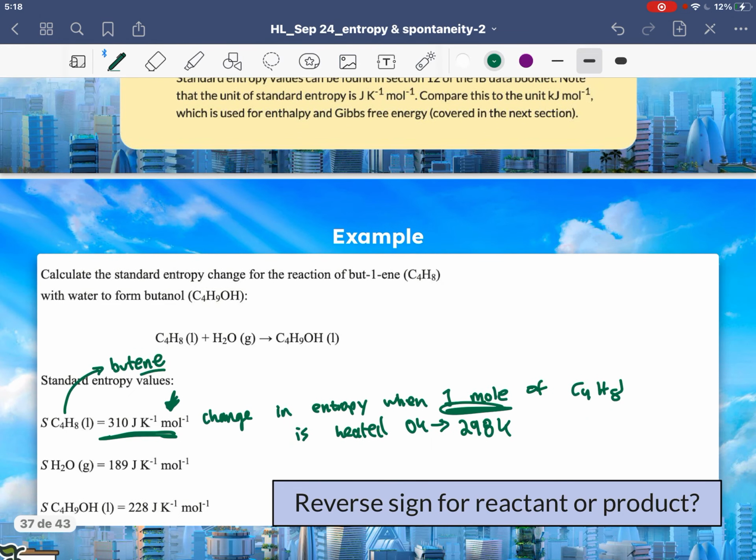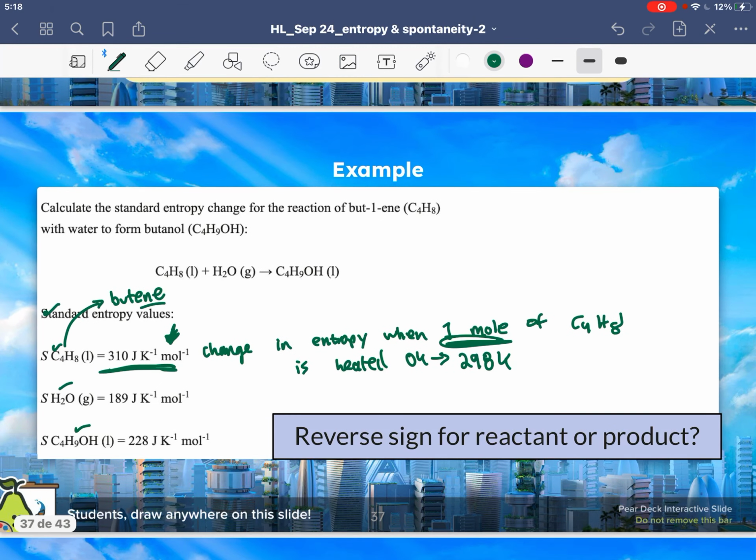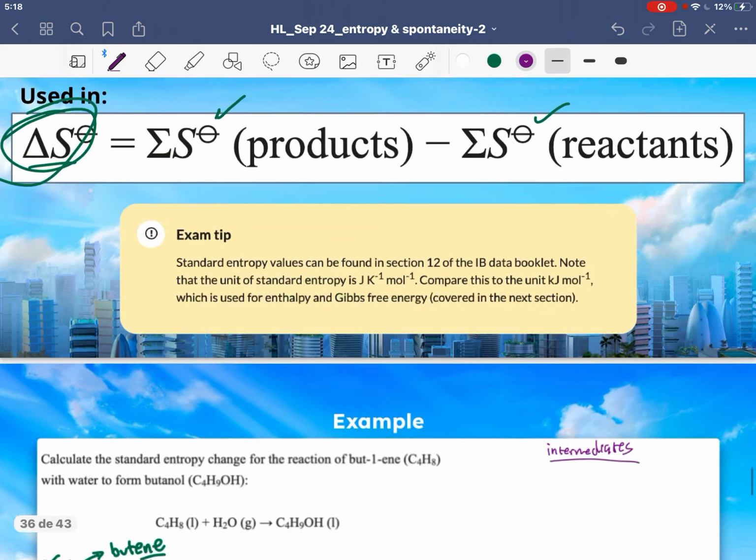And we have here the standard entropy values for C4H8, H2O, C4H9OH. If I were to write these kinds of intermediates in the same way that we did with Hess's law, you wouldn't normally write out entropy changes in reactions.